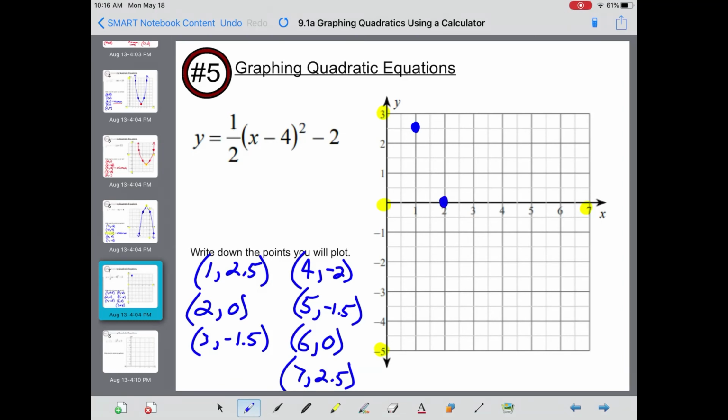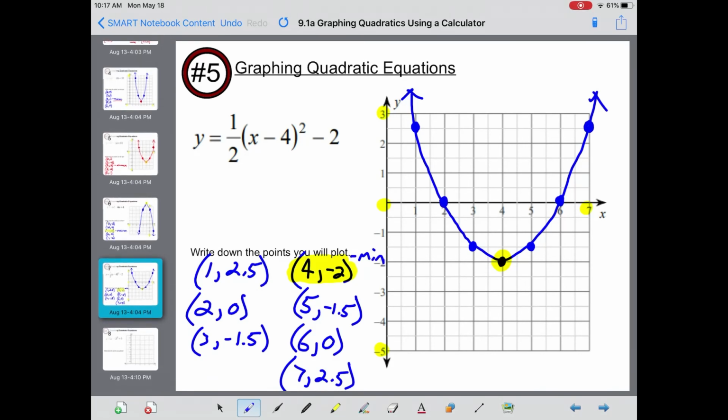So there's all of our points. So right 1 up 2.5. Right 2 up 0. Right 3 down 1.5. Right 4 down 2. Right 5 down 1.5. Right 6 up 0, and right 7 up 2.5. Okay, and again we have a minimum, and that is at 4, -2.